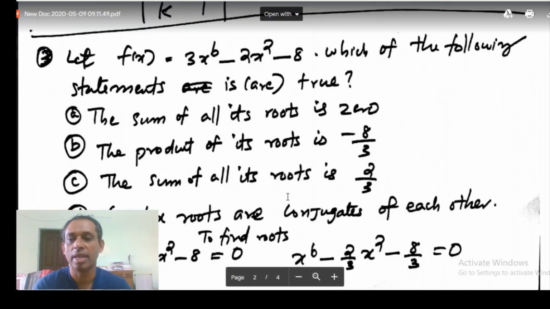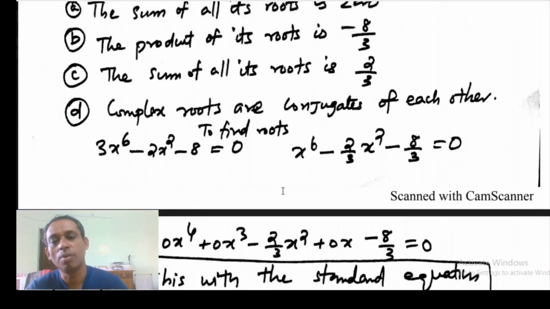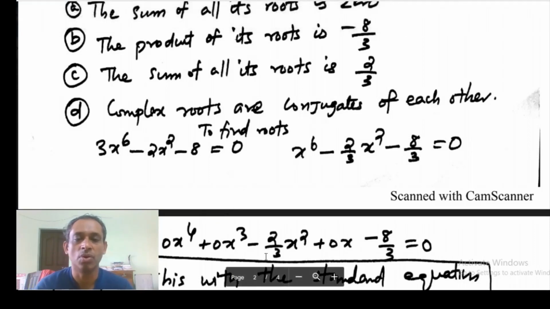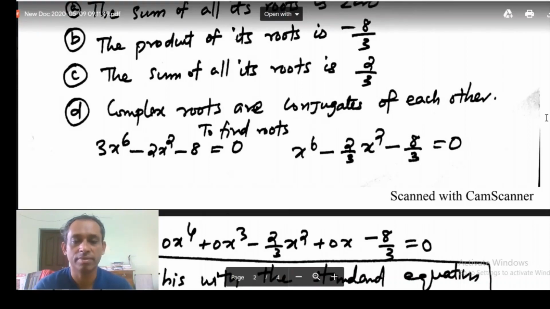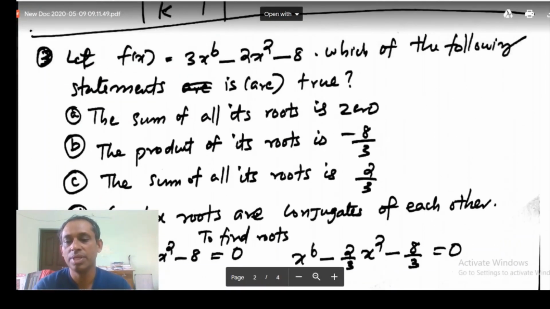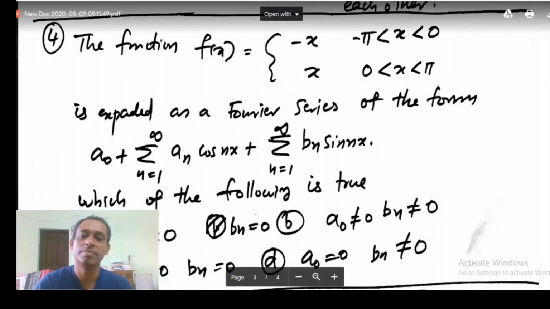So answers are A, this is correct, B is also correct, D is also correct, because complex roots of any equation, any polynomial are conjugates of each other. Okay, complex roots are always conjugates of each other. So here A, B, D are correct. These statements are correct.